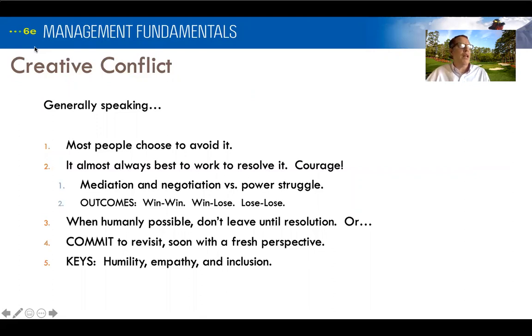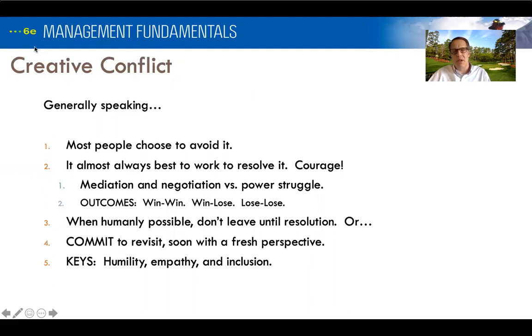Ultimately, you don't want to get to that point if you don't have to, but that's kind of a last ditch effort. You're looking for outcomes that are win situations where everybody involved feels like, hey, I had a part in that, and I didn't give up everything in order to come to an agreement as far as the decision that we need to make.